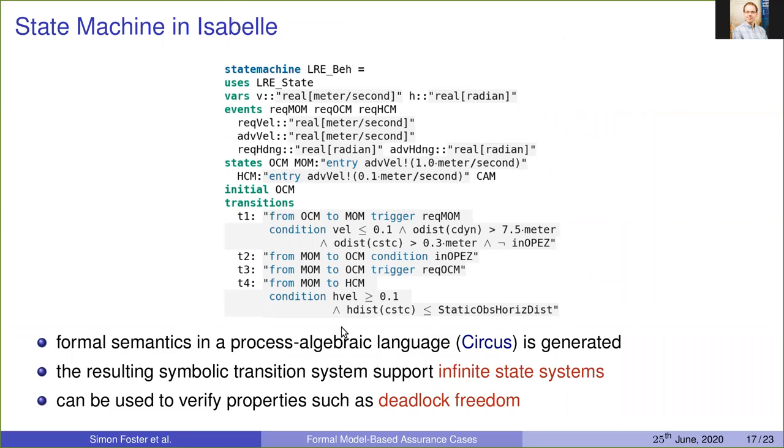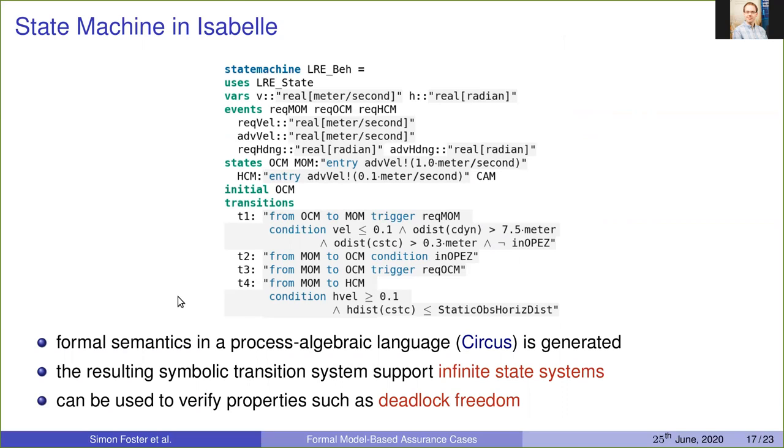You can then translate it to this kind of representation. By the way, note the units again. So our variables and our events, which are specified here and here, can have units associated with them. We've got the different states, OCM, MOM, HCM, and so on. And the transitions down here, and the initial transition OCM is there.